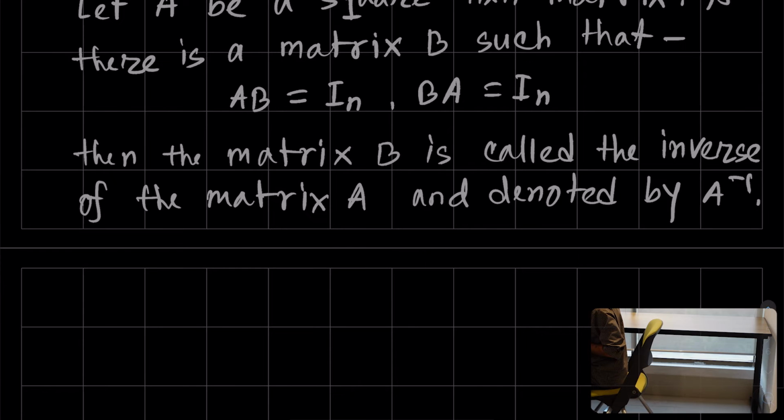So the previous line can be written as A A inverse is equal to I_N, which is also equal to A inverse A.